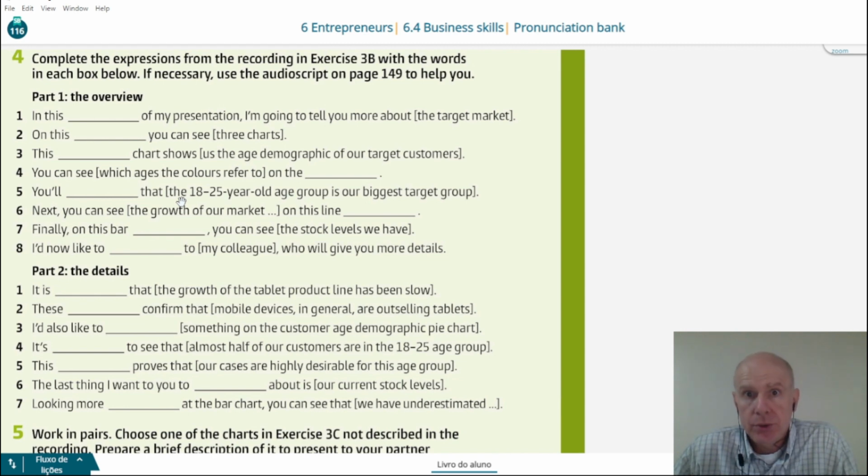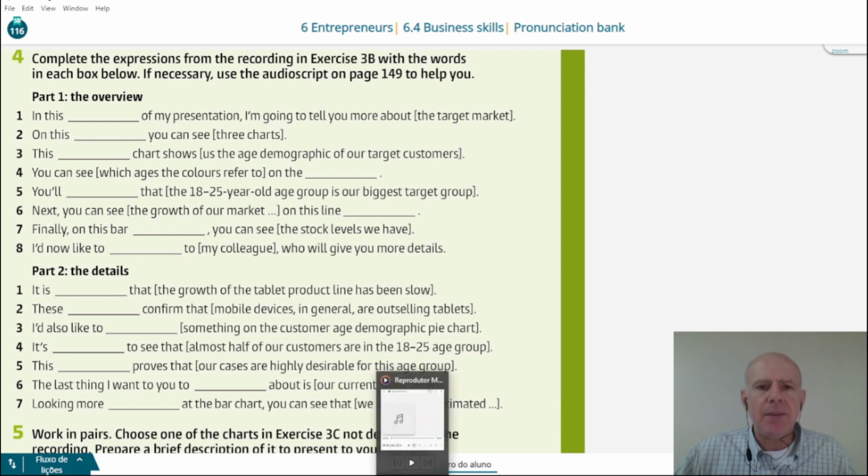If you want to make it easier, you just go back some seconds and look, or take a print of the words. But in order to make it a little harder, I'm going to play the audio without those words. Let me play part A, part 1 of the overview. The idea is for us to complete these sentences, okay?